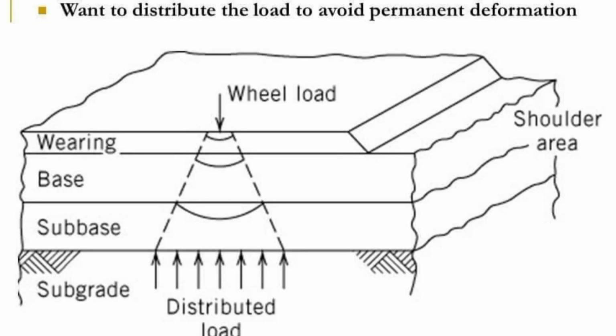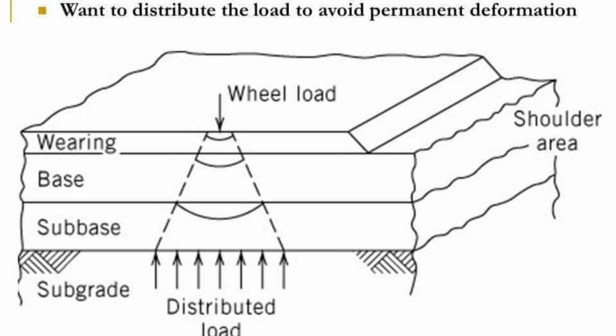Here we can see the load distribution phenomenon. Load is coming from wheel load. Wheel is supporting the whole vehicle, and this load is transferred in the form of point load. Means actually it acts as a point load.